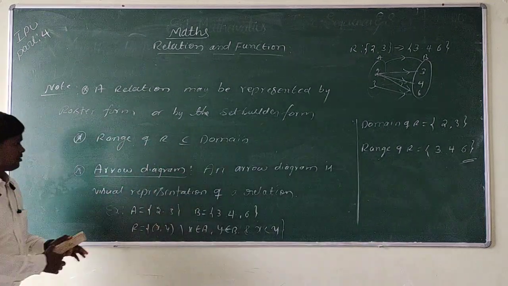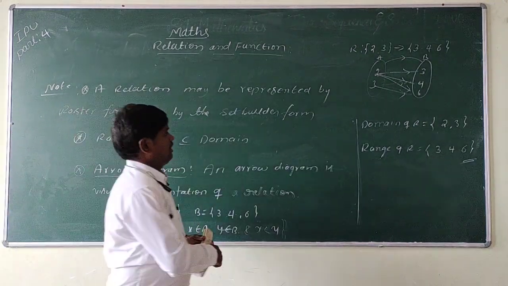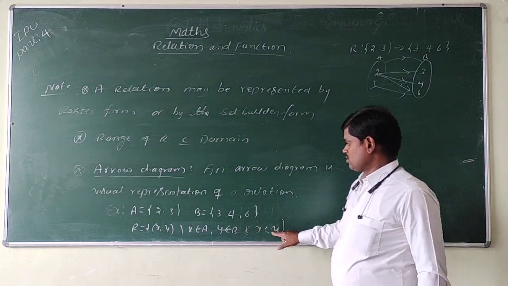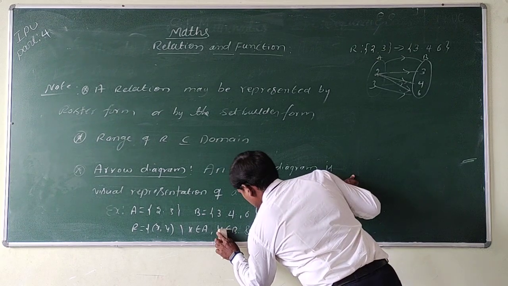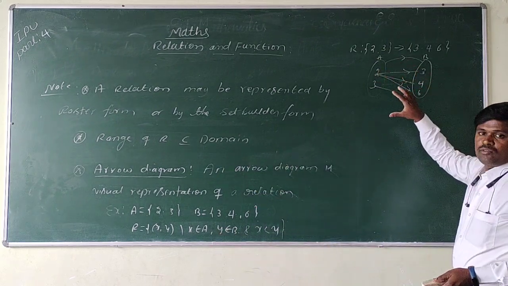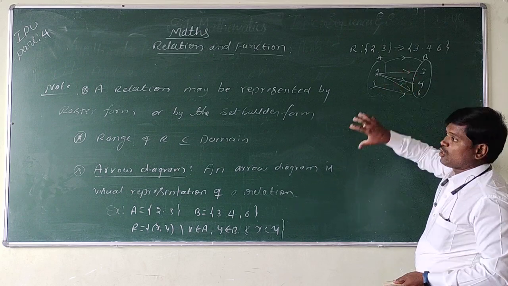This is the relation. Same example, the previous problem is taken as the example here. So this is the relation R, and we are going to represent this relation with the help of a diagram. So it's known as an arrow diagram.